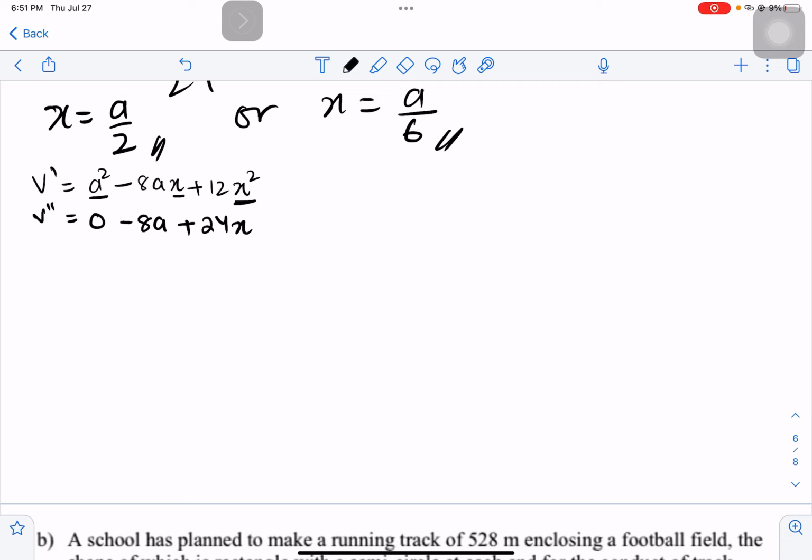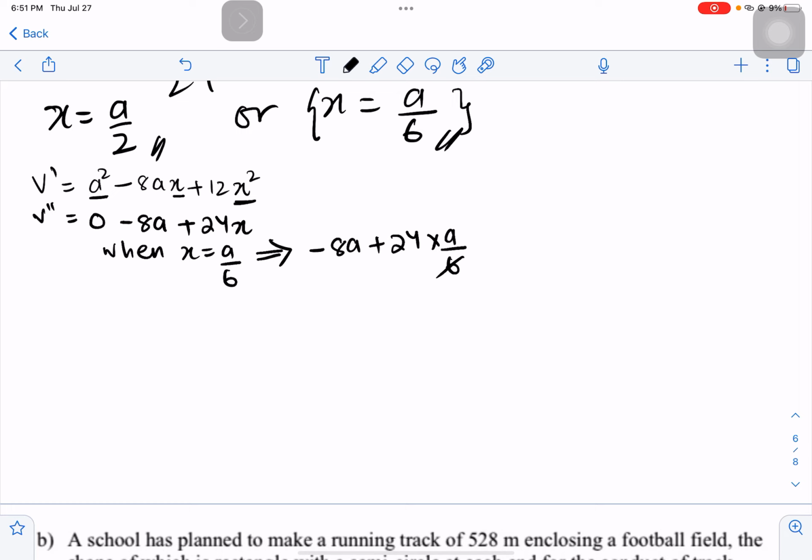Since we are to show this one, I'm going to take x equal to a over 6. So I have negative 8a plus 24 times a over 6, which is 4a, so negative 8a plus 4a equals negative 4a.